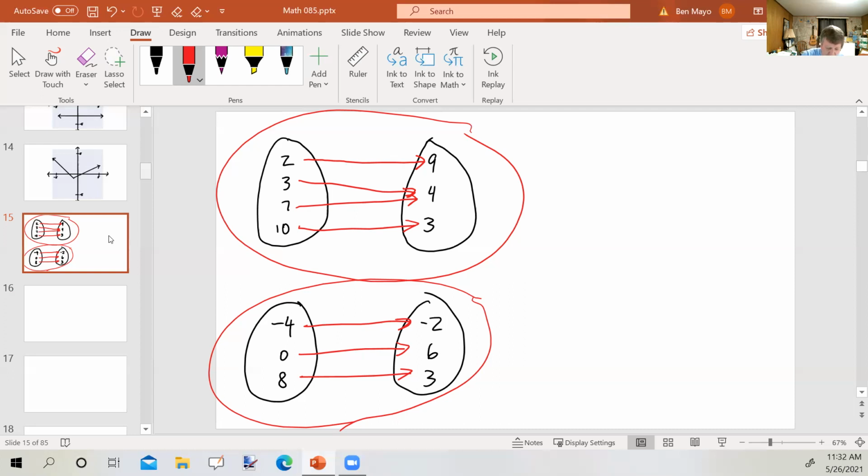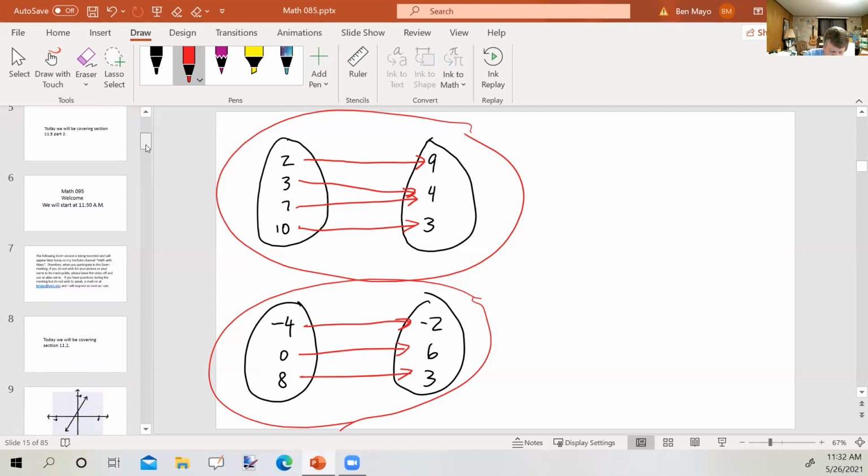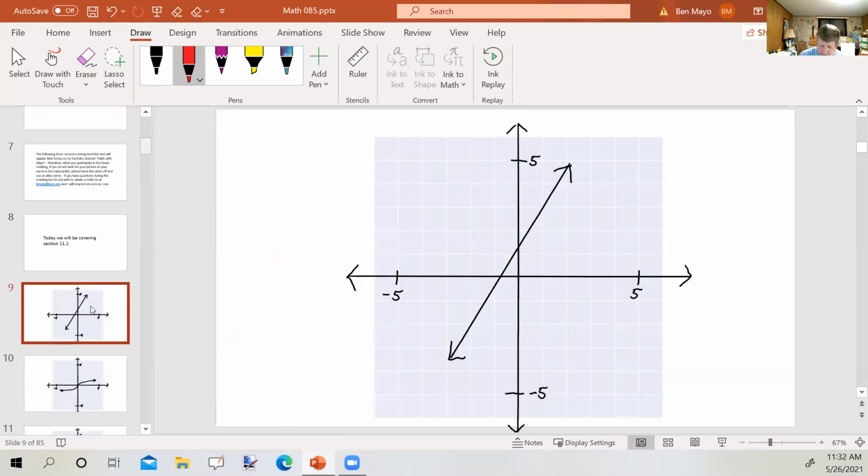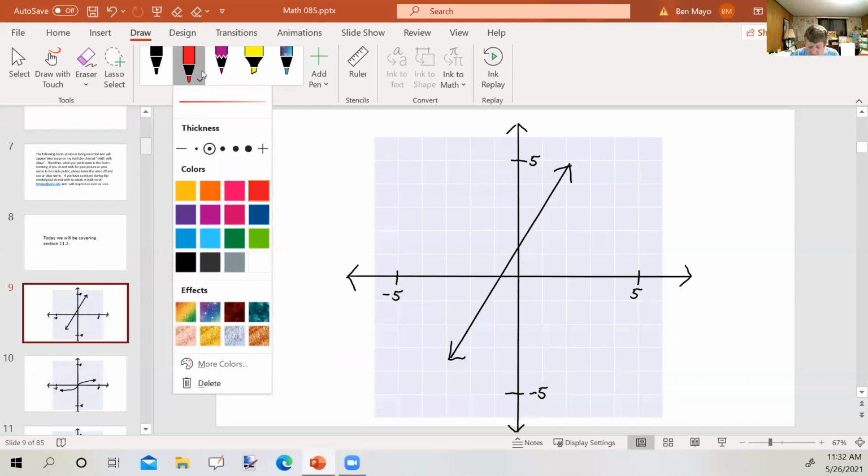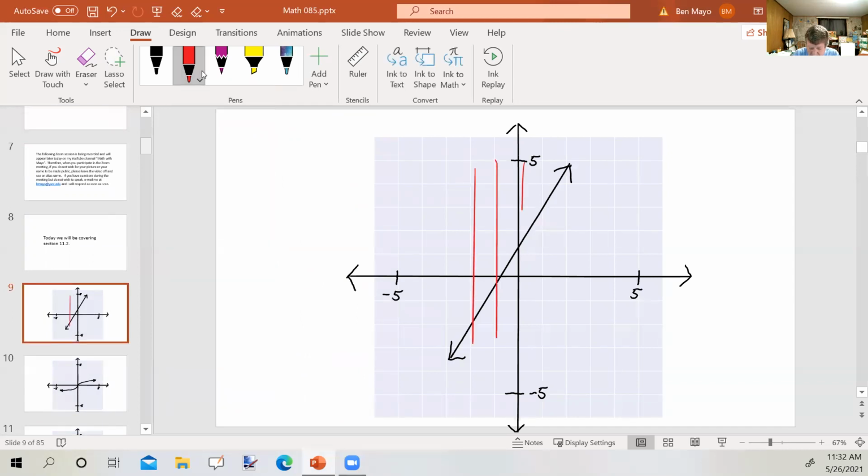Now, I want to look at some graphs. This is the graph of a linear equation. If it is a one-to-one function, it not only is a function, meaning it passes the vertical line test, which this one does, but it also passes the horizontal line test.